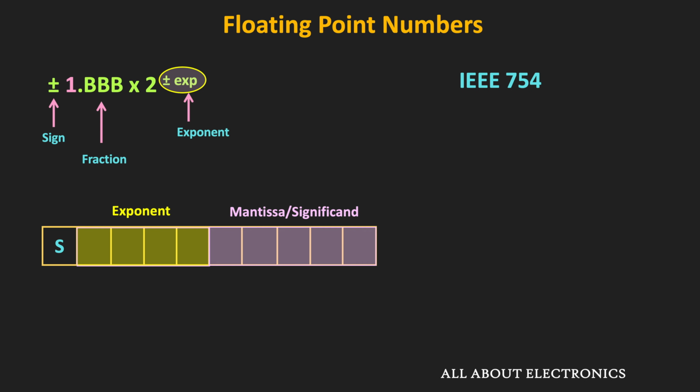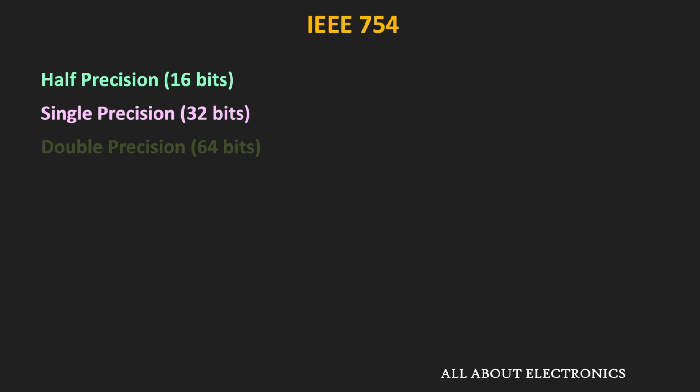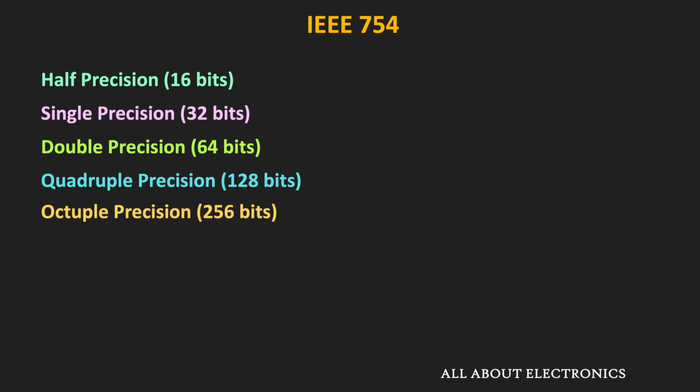Now in this IEEE standard, depending on how many bits are used for storing the floating point number, we have a total of 5 different formats. For example, in half precision, 16 bits are used for storing the floating point number. Similarly, when the floating point number is stored in 32 bits, that format is known as the single precision format.